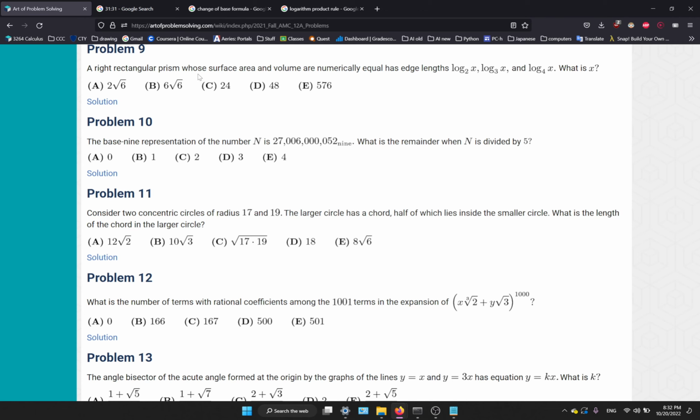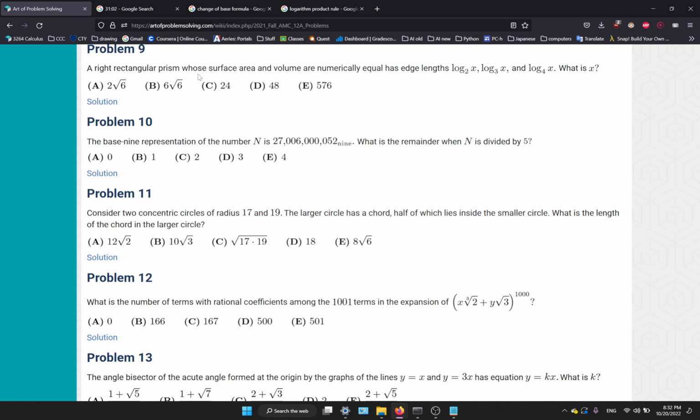You see what I did there? So in base 10, this would be 1 plus 9 plus 81, which is actually equal to 91 instead.